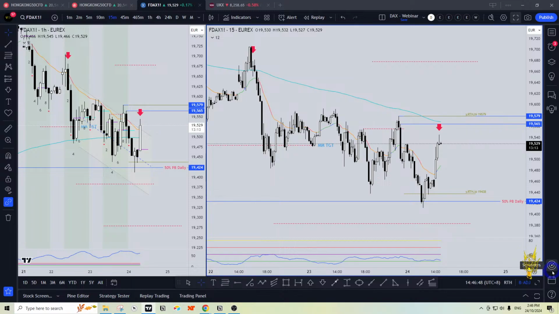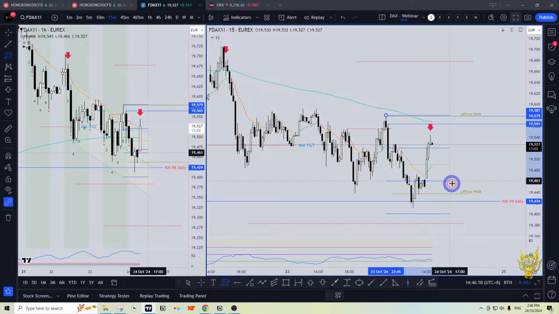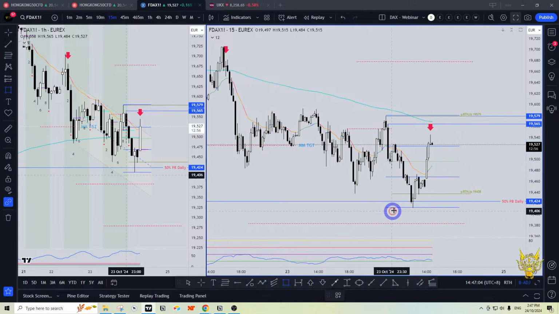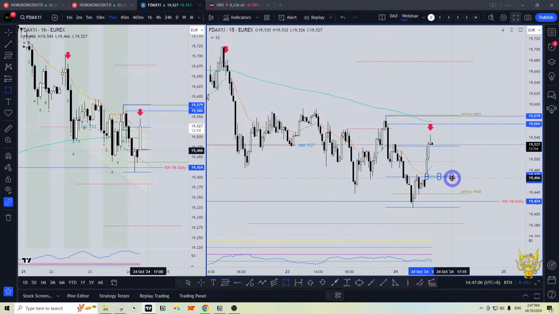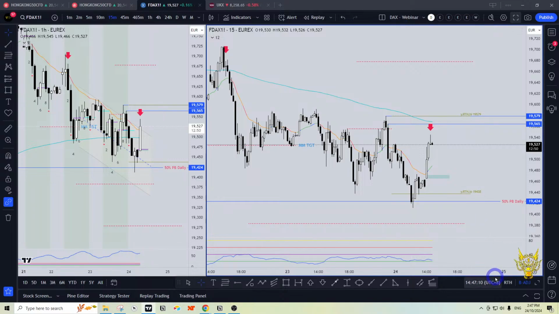So if this is a trading range, that will be a sell. I'm not going to just sell for the fun of it. That would be the buy zone somewhere down there. So that's probably what's cracking on the DAX.